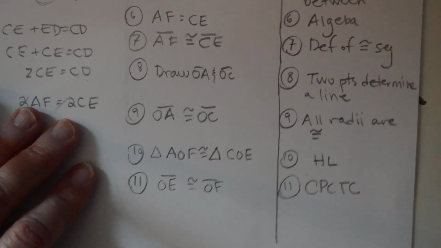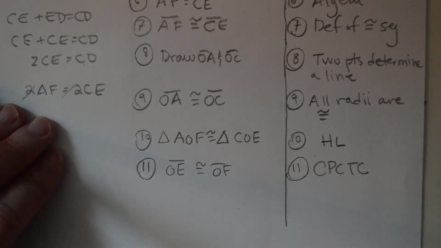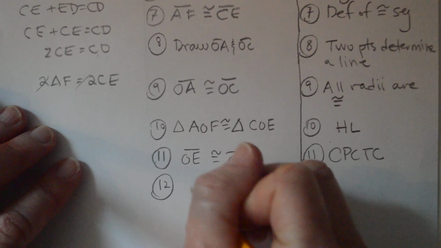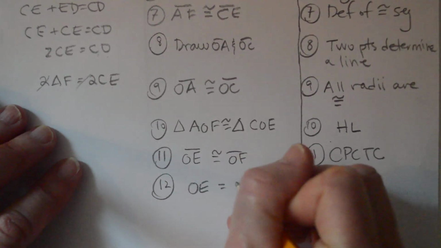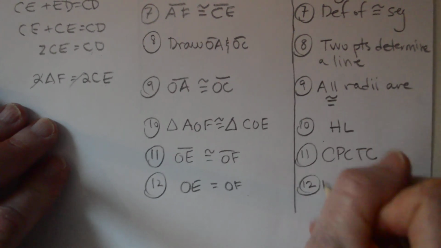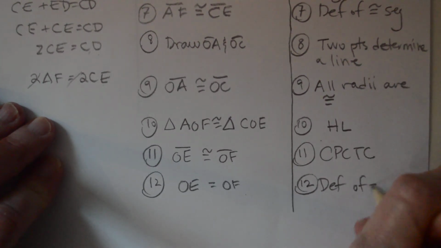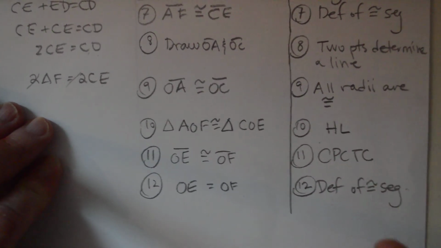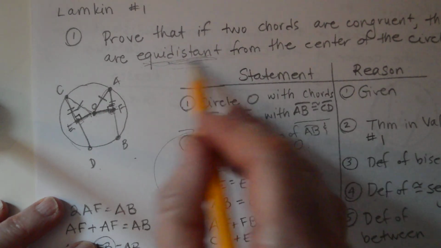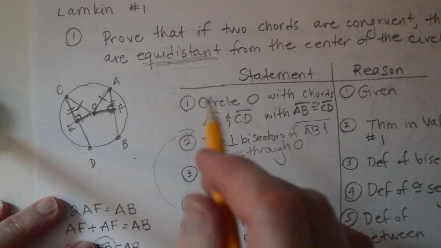I would probably just stop there. Well, actually, no, that's not true. The last step would be OE equals OF, and that is definition of congruent segments. I wouldn't stop there because what he asked us to prove is that they are equidistant from the center, and distance is a number, not a segment.